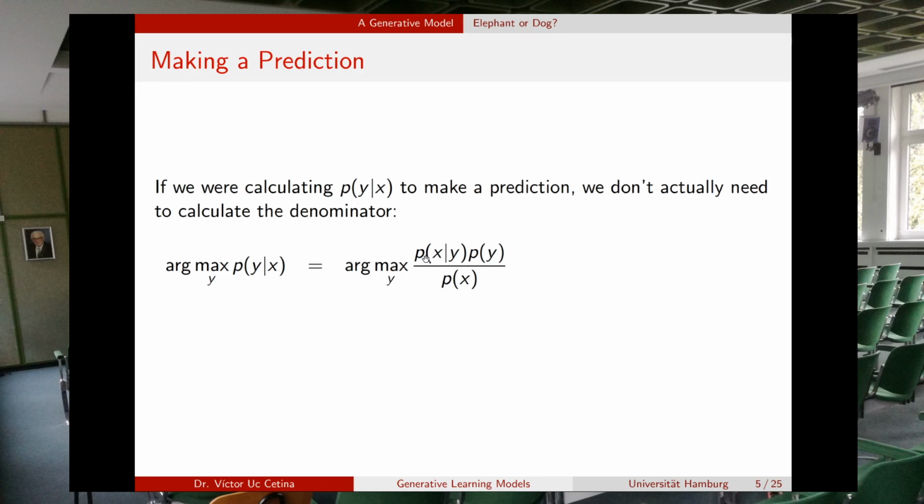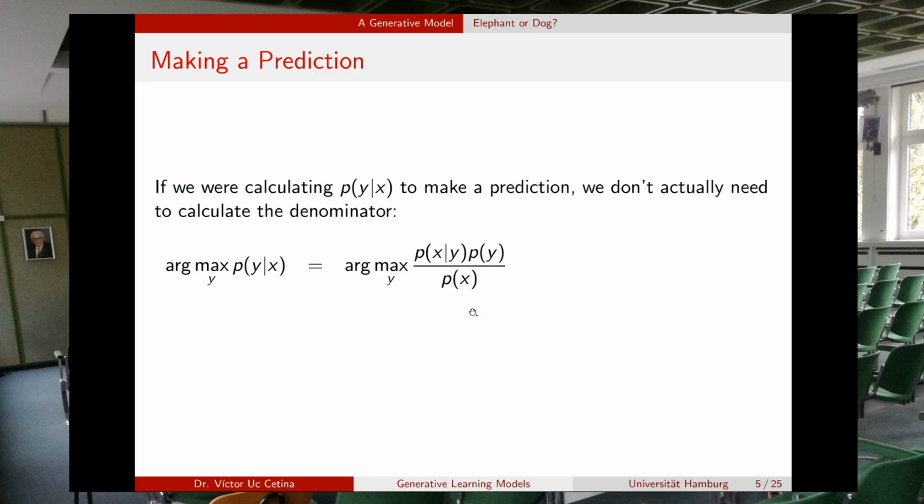So we want to find the maximum of this for every possible label, and the argument y that makes this a maximum is the class that we have decided, the most probable class.